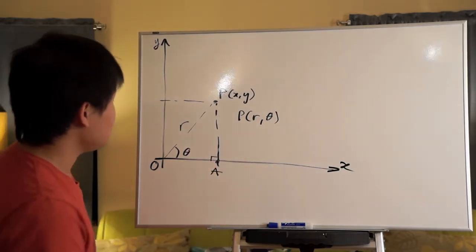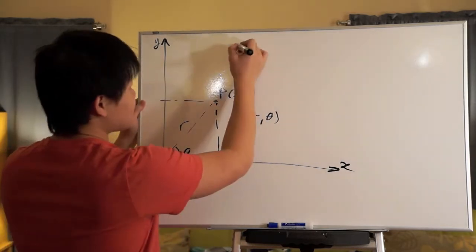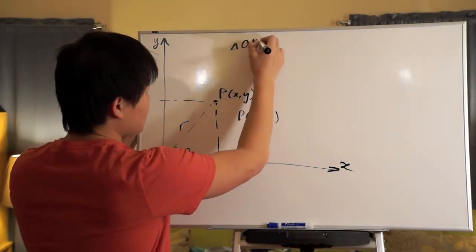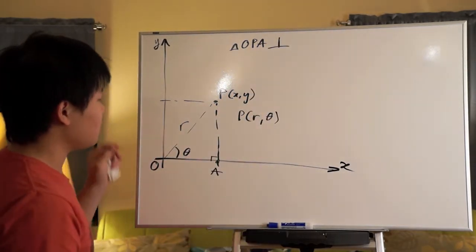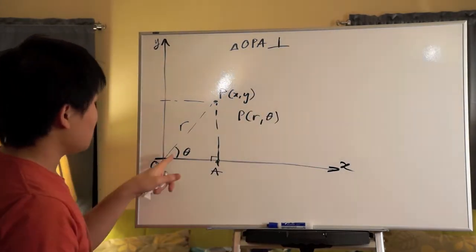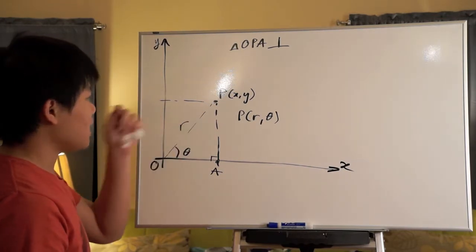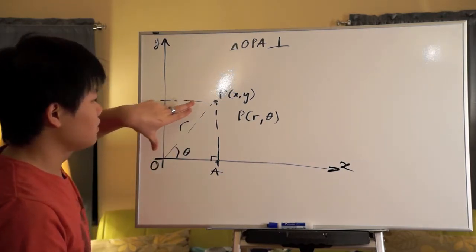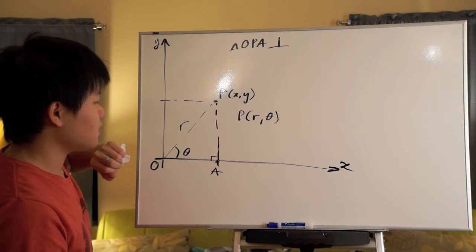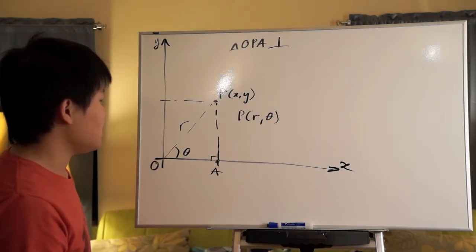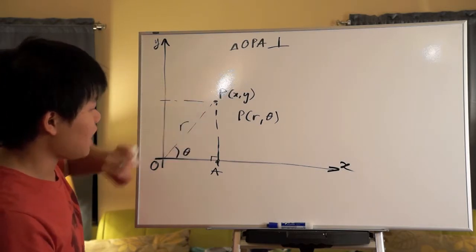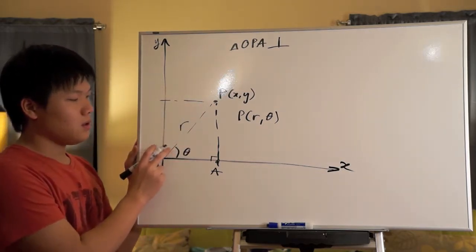So we have triangle OPA, a right triangle at A. OP becomes the hypotenuse, the longest side, OA becomes the adjacent, and PA becomes the opposite with respect to theta.